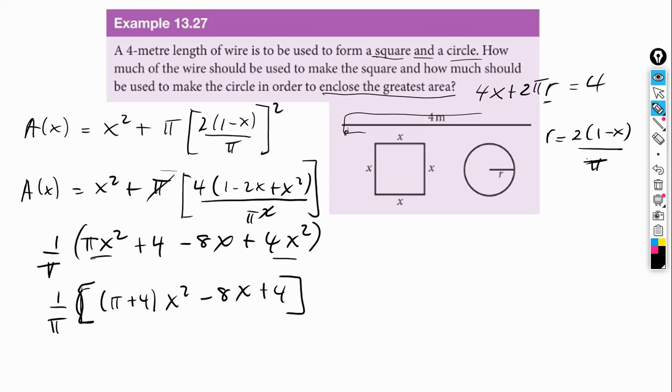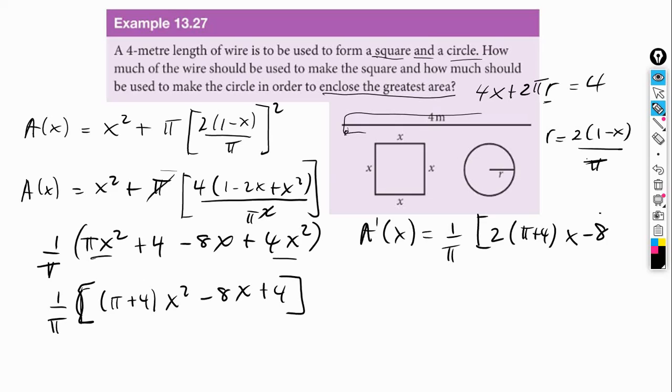We're going to find the derivative of the formula. 1 over pi is a constant, so we don't have to worry too much about that. So this is going to be 1 over pi, and then we send the 2 to multiply, so we get 2 times pi plus 4 times x minus 8.